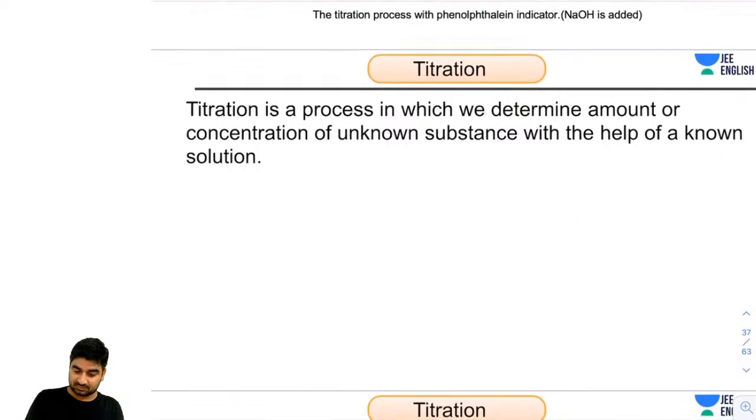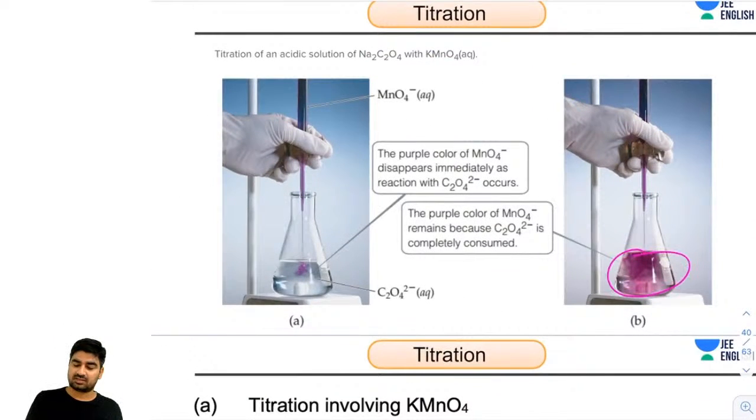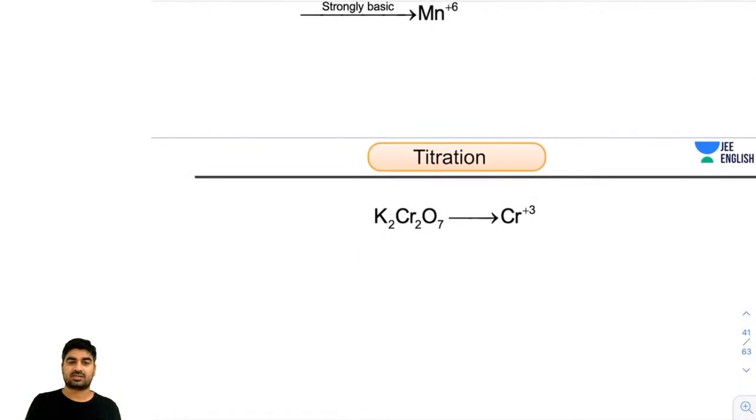So, guys, what is titration, how it is done, why the color changes, and what is the role of the indicator, everything I'm going to discuss. Not tomorrow, actually, this class will be next week on Monday. Right, guys?